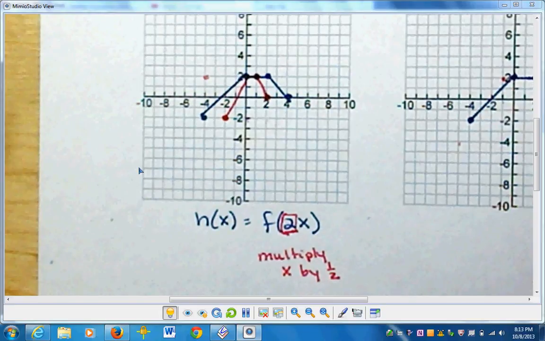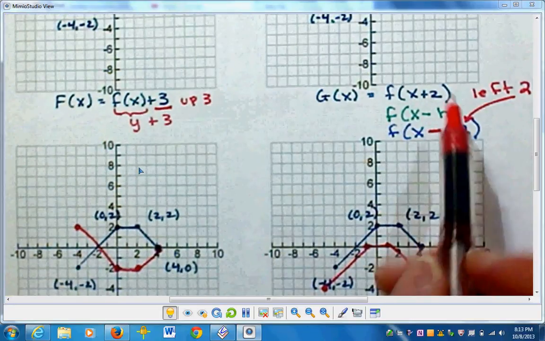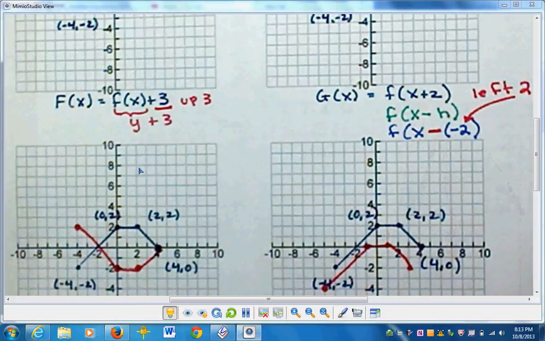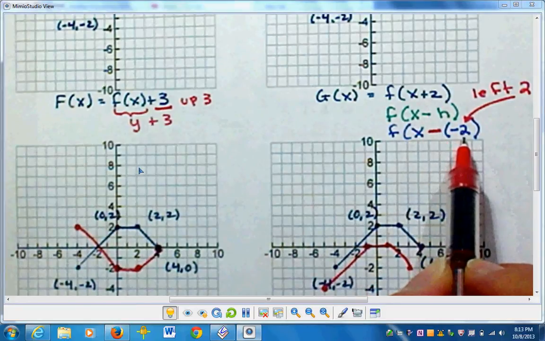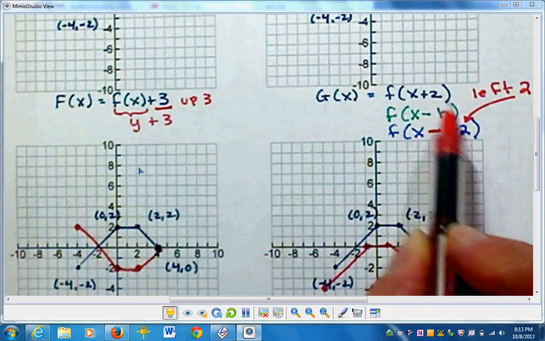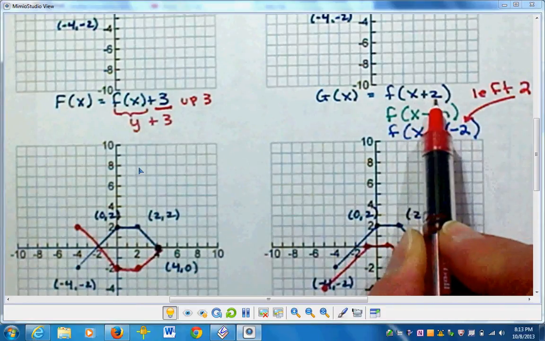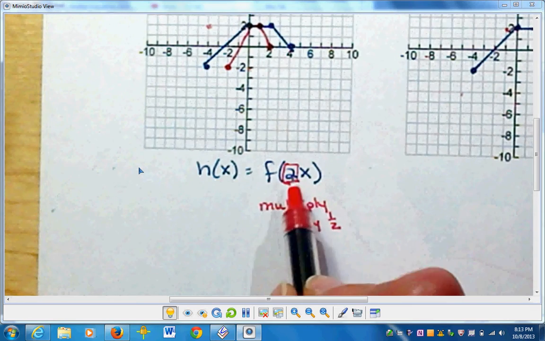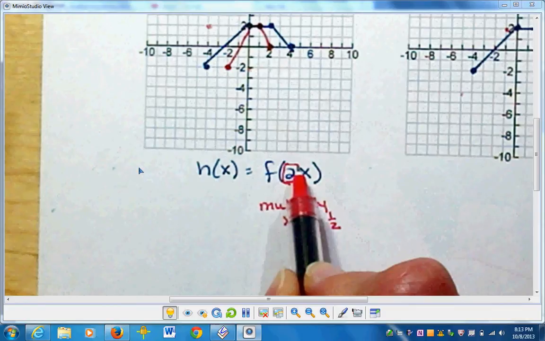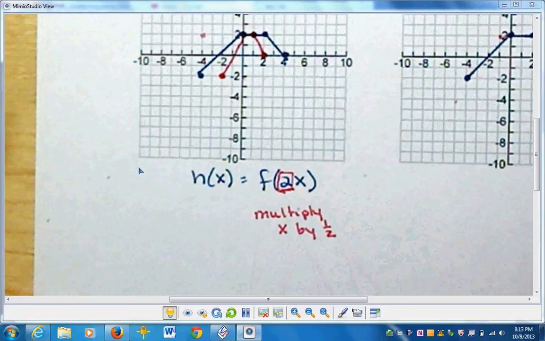On the other example, here we were adding 2. The additive inverse is subtracting 2. So again, whatever's happening inside, since it's adding, we're going to take the additive inverse. Here, since we're multiplying, we're going to take the multiplicative inverse for that and multiply it by x. And that helps us transform our functions.